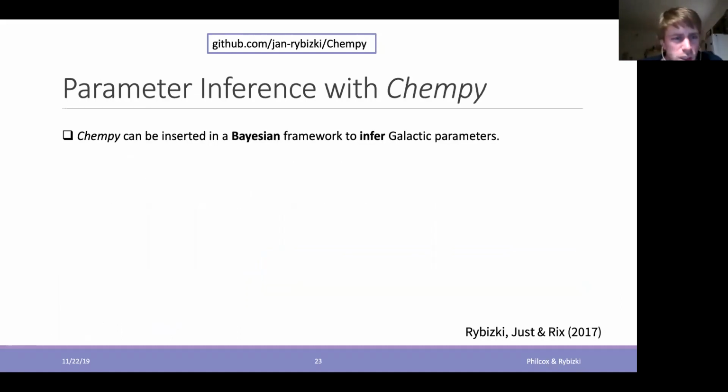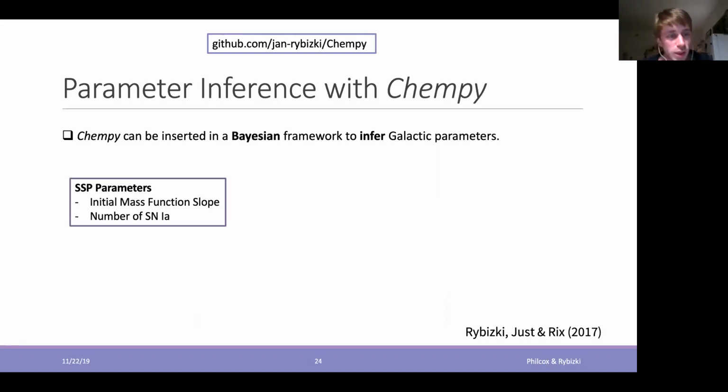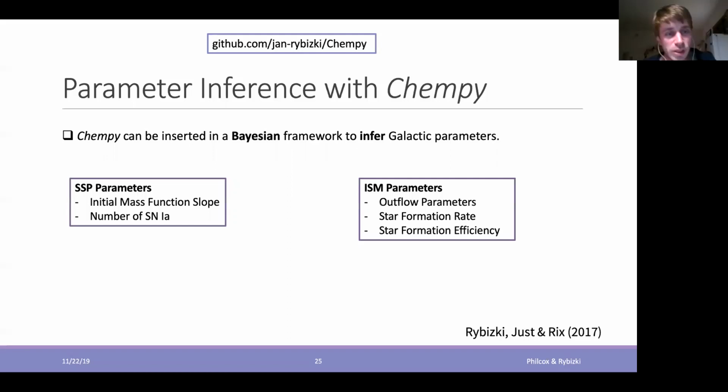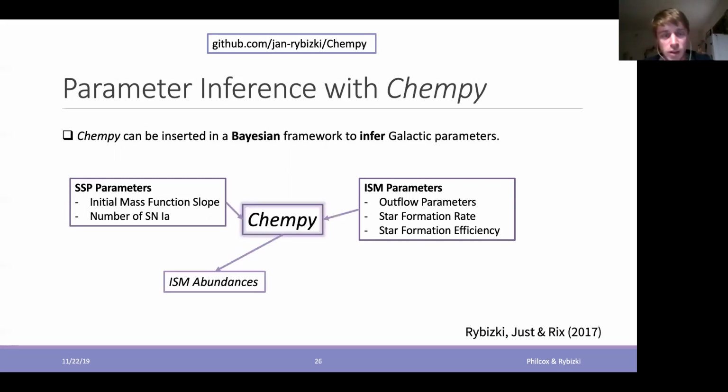Okay, so now we put this into a Bayesian framework just to illustrate how this works. Think of Chempy as a box where you put in simple stellar population parameters, and here we mean the high-mass slope of the initial mass function and the number of supernova type Ia. And then the ISM parameters, which are the outflow parameter, the star formation rate, and the star formation efficiency.